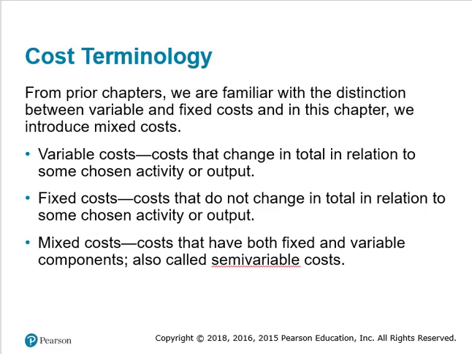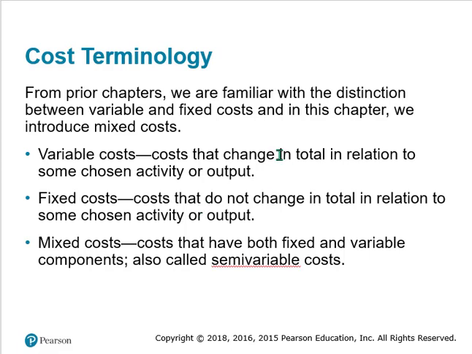So from prior chapters, we're familiar with the distinction between variable and fixed costs, and now we're going to introduce mixed cost. So variable costs change in total in relation to some chosen activity or output. Fixed costs do not change in total in relation to some chosen activity. Variable costs change, fixed costs do not change.